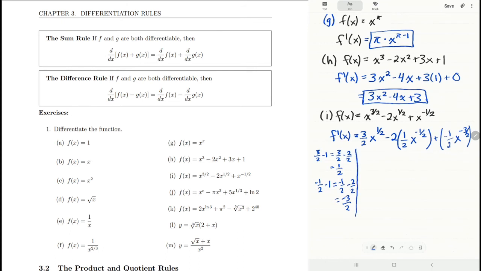And now we can simplify our derivative. So we have 3 over 2 times x to the 1 half. We have negative 2 times 1 half, which is negative 1. So that is negative x to the negative 1 half. And then we have minus 1 half x to the negative 3 over 2.